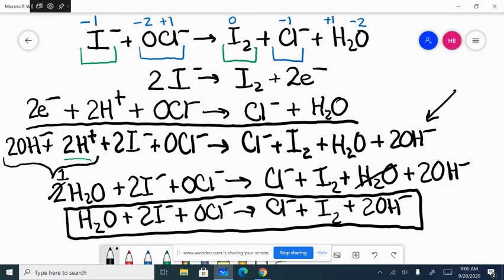Up until that point, it was the same as acidic. From this point right here until the end of the problem is how we account for the fact that it is basic. And that's how you balance half reactions with the half reaction method in basic solution.